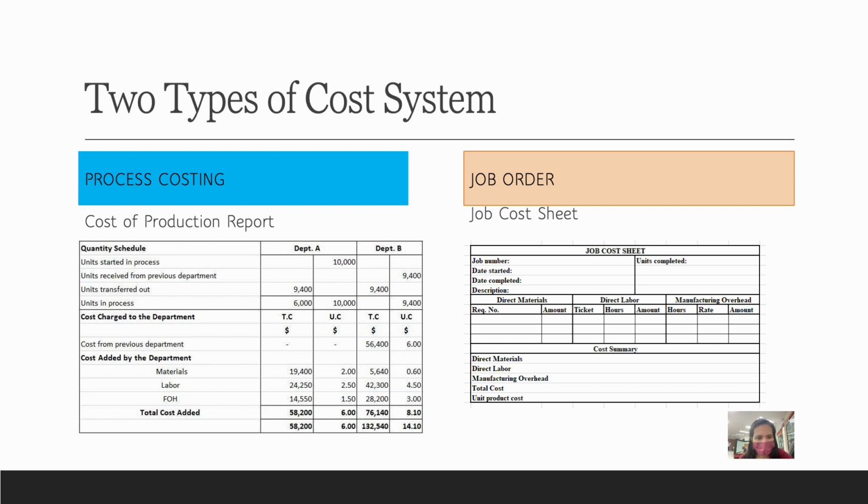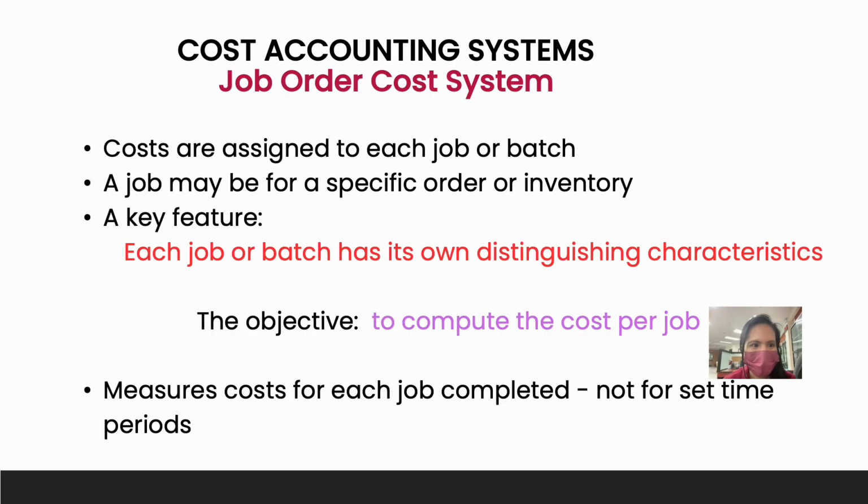Okay. So going to our topic, job order cost system. Here, costs are assigned to each job or batch. A job here may be a specific order or inventory. The key feature of this cost system is that each batch or each job has its own distinguishing characteristics. So maybe the overhead here is different from the overhead of the second job.